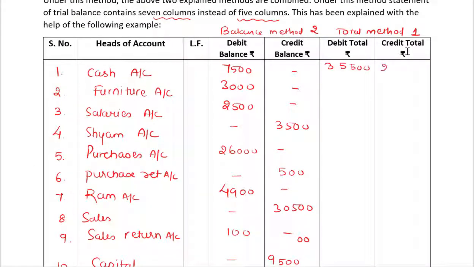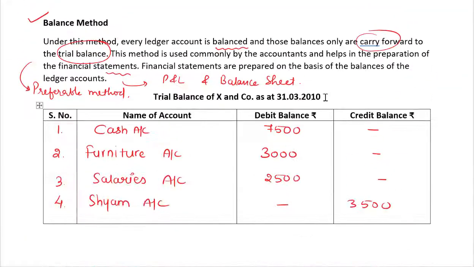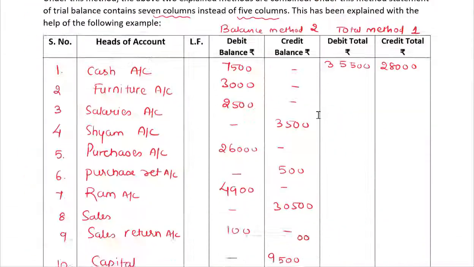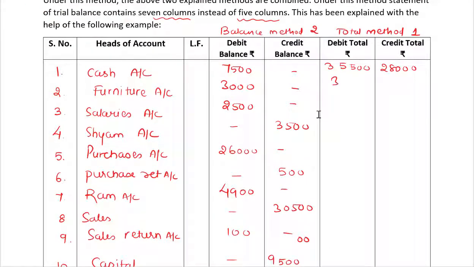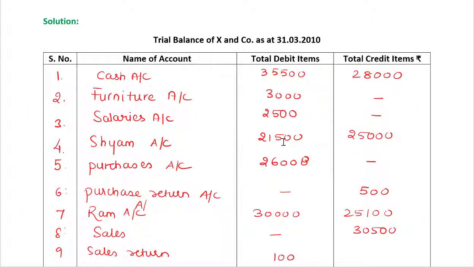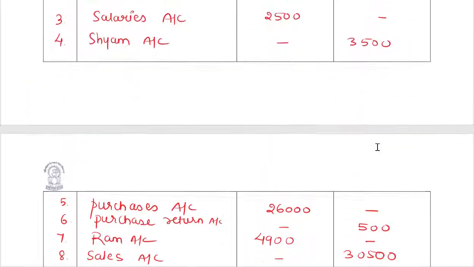Furniture 3,000, salaries 2,500. Shyam 21,500 on the debit side and 25,000 on the credit side.